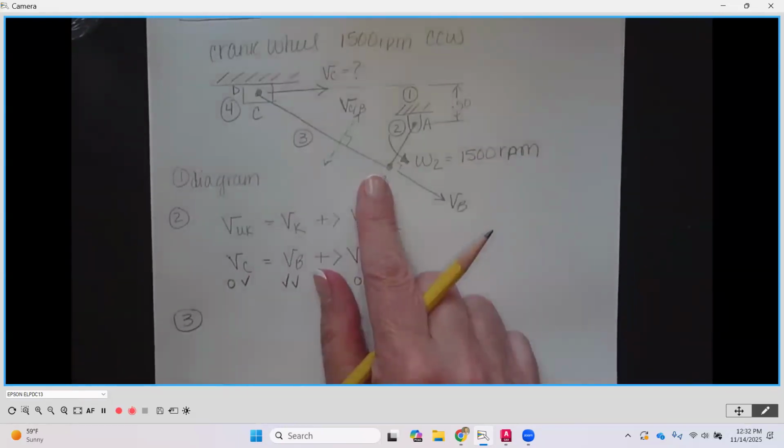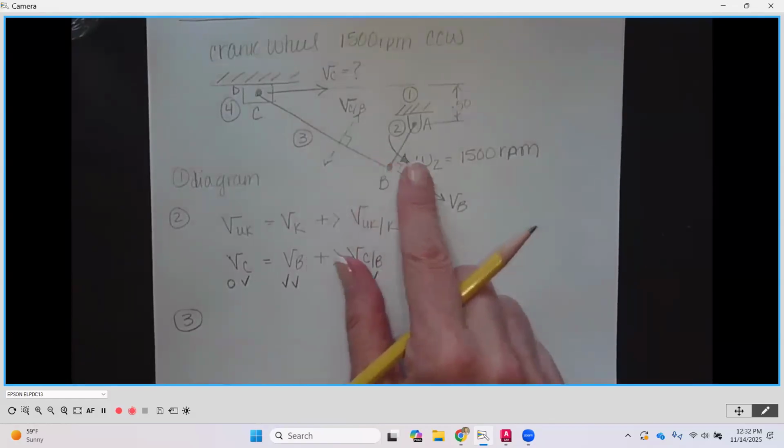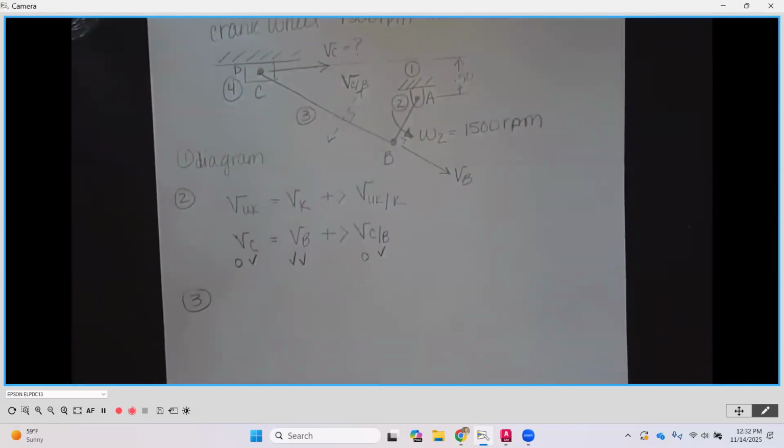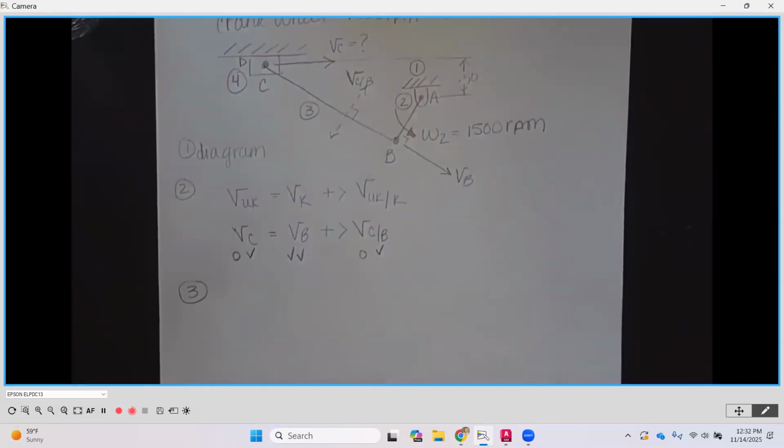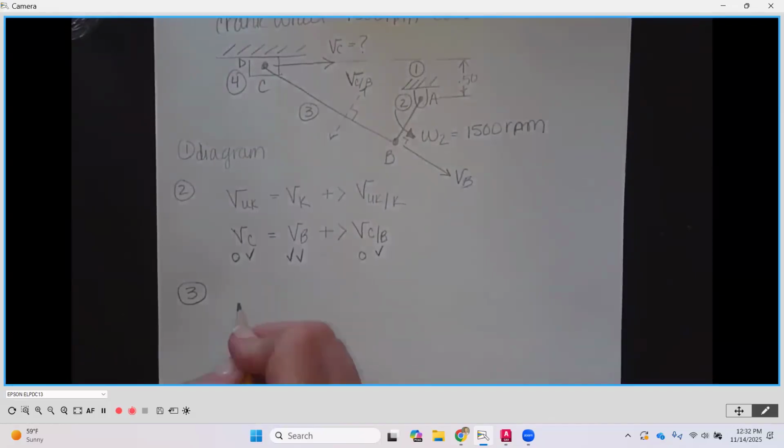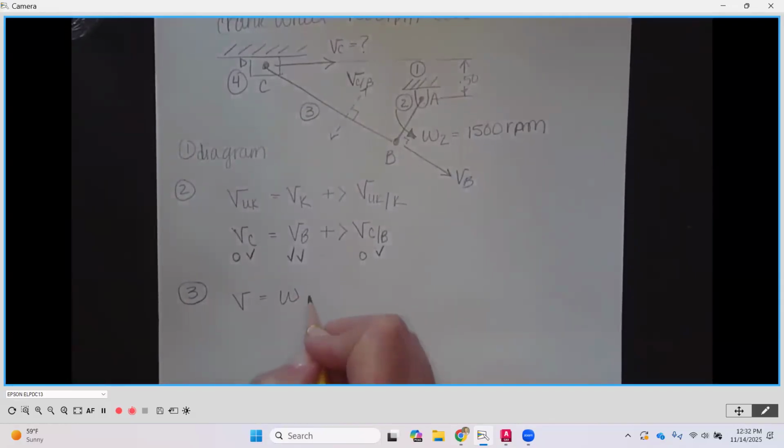Now, B is on this rotating link, right? And as we learned in the beginning of the chapter, we have an equation that relates straight line velocity of any point on a rotating link and its rotational speed. We know that to be the velocity is equal to the angular velocity of that link times the distance it is away from its center of rotation.